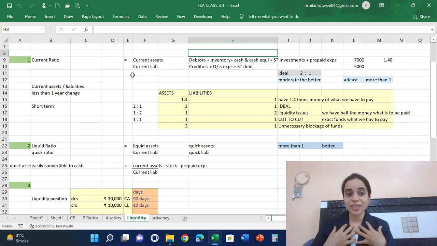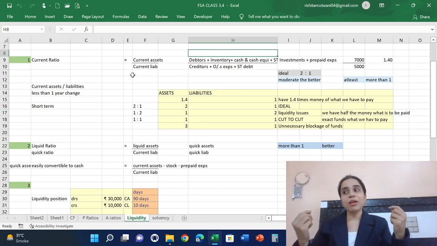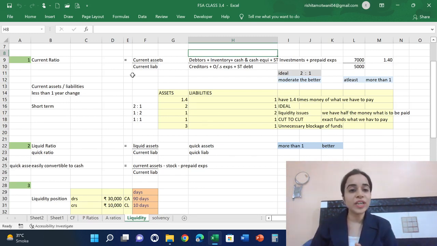But suppose you go to the laptop vendor after 6 months, would you get the same laptop? Probably not. Why? Because that laptop is a current asset for that vendor. It's stock. He is using the laptop for the purpose of reselling. I'm using the laptop for the purpose of my work.